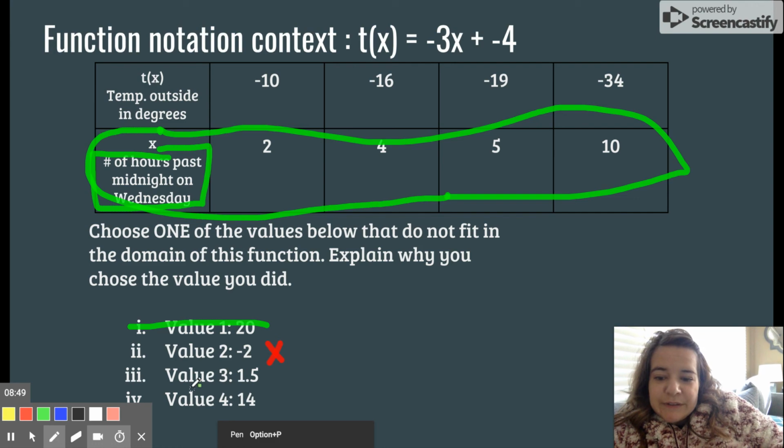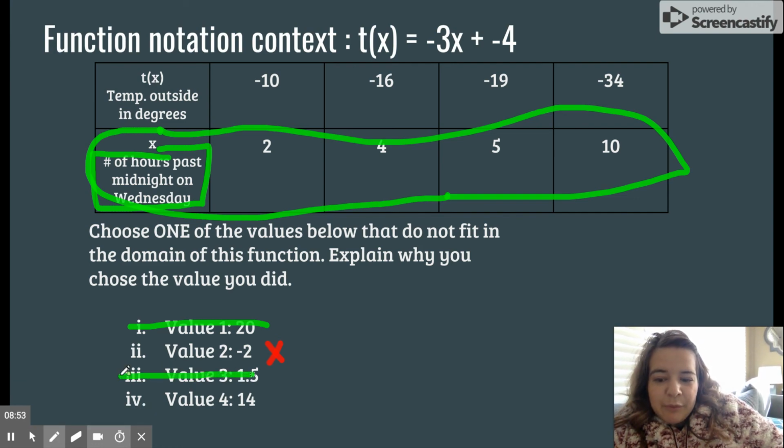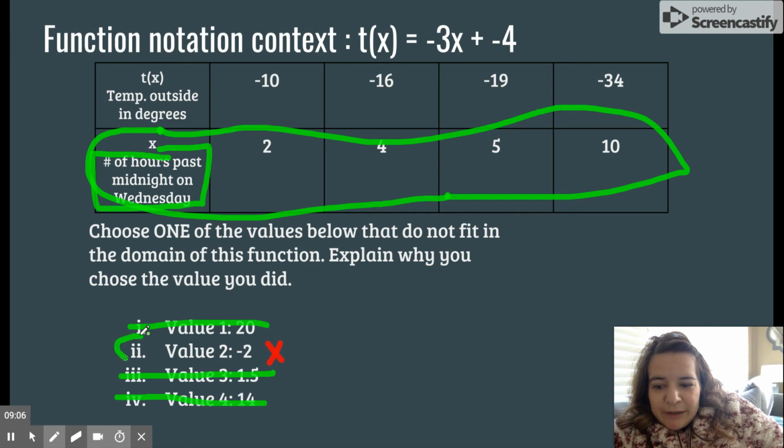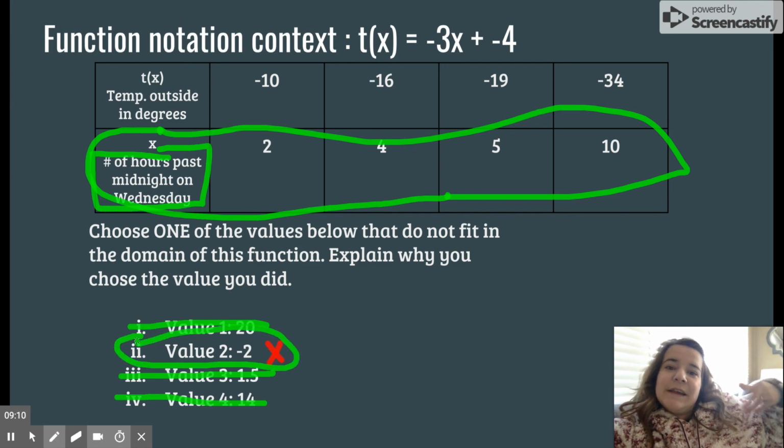For this one, does it make sense to have an hour and a half past midnight? Sure, that would put you at 1:30 a.m. And then finally, does it make sense to have 14 hours past midnight? Yes, it does. So the only one that does not fit the domain would be that -2, because it doesn't make sense to have -2 hours.